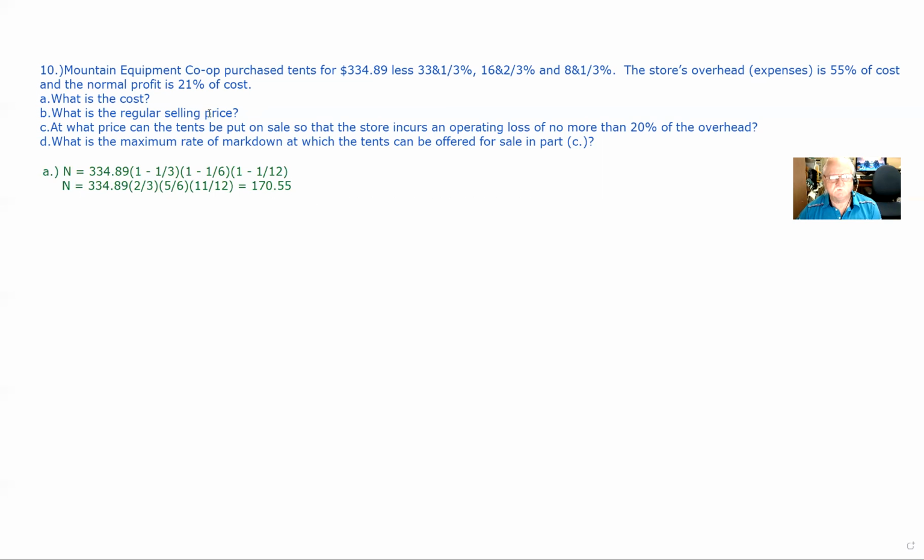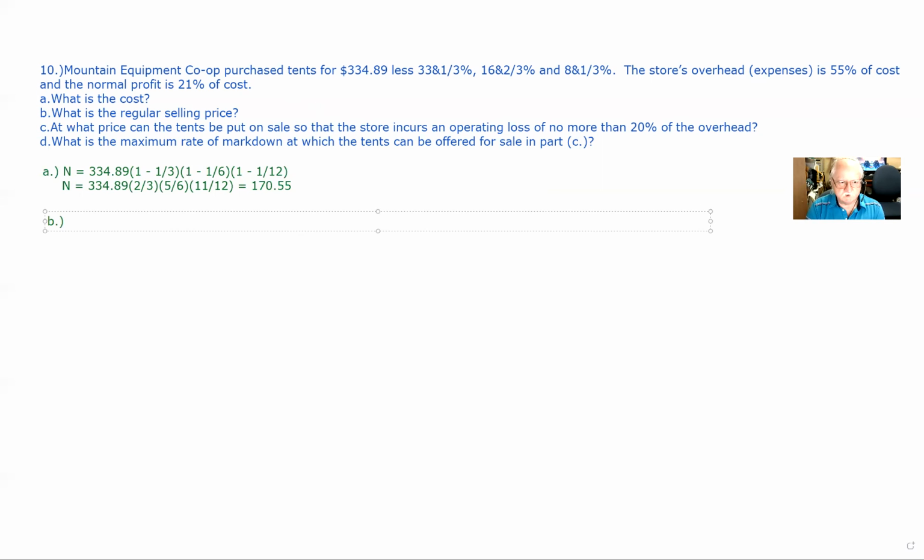And then they want us to figure out the regular selling price. So let's see what we can do there. What have they told us? The store's overhead expenses is 55% of cost, and the normal profit is 21% of cost.